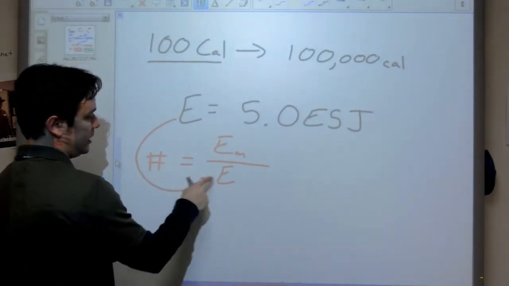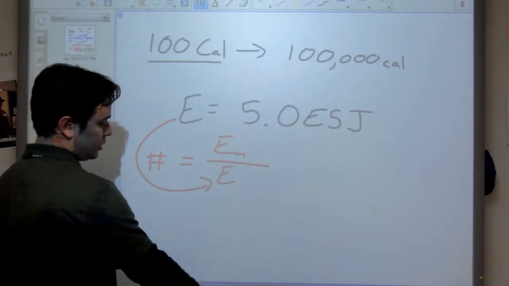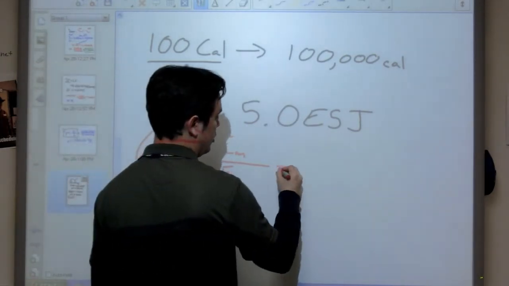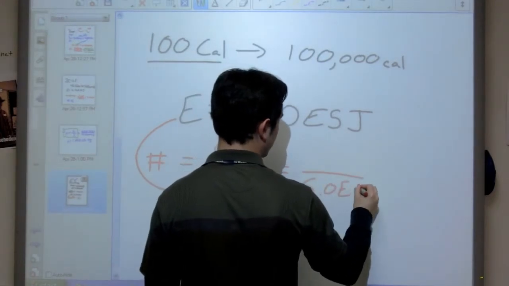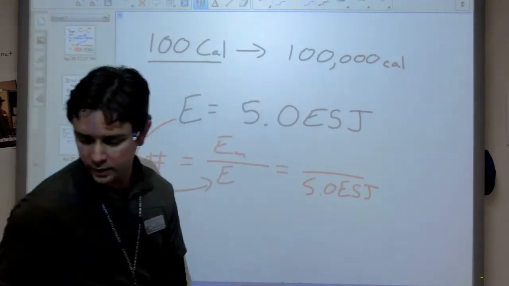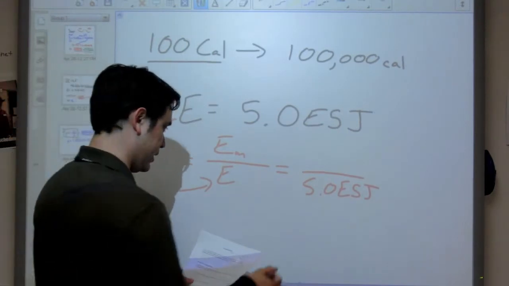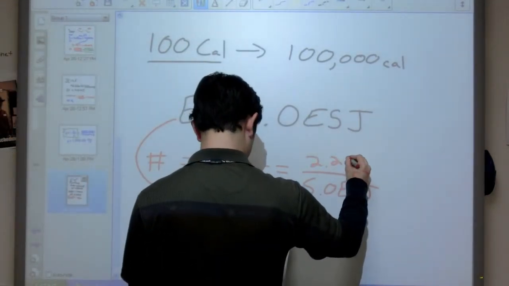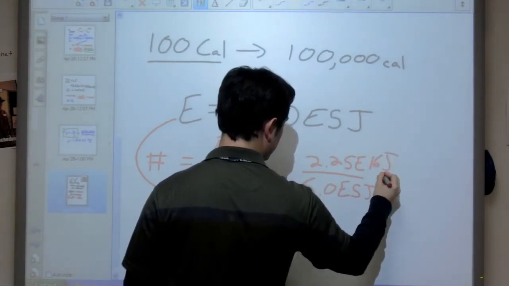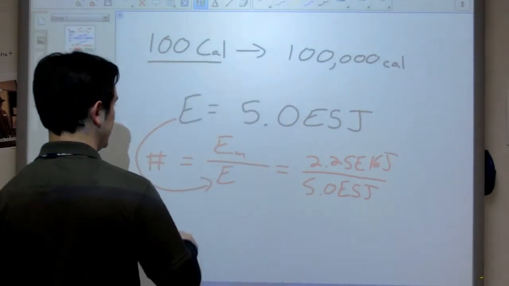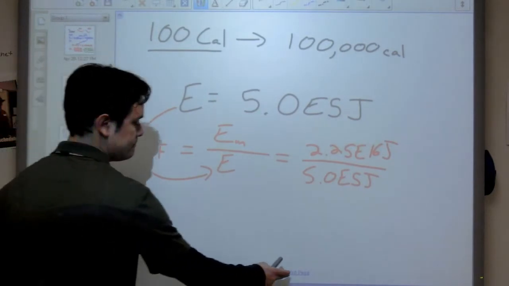And so I'd find out how many of them I need to give me the total energy by setting up this ratio, which is going to be the total energy, 2.25 times 10 to the 16th joules, divided by 5.0 times 10 to the 5th joules. Let's find out how many burgers I have to eat to get that same amount of energy.